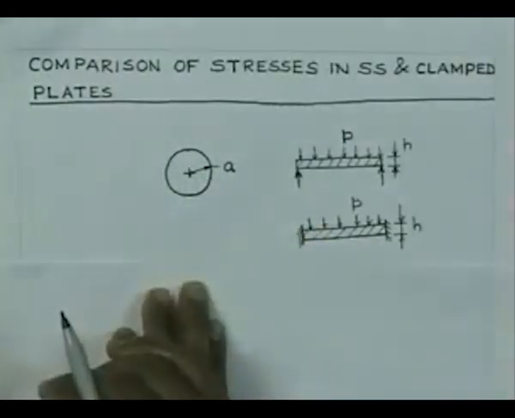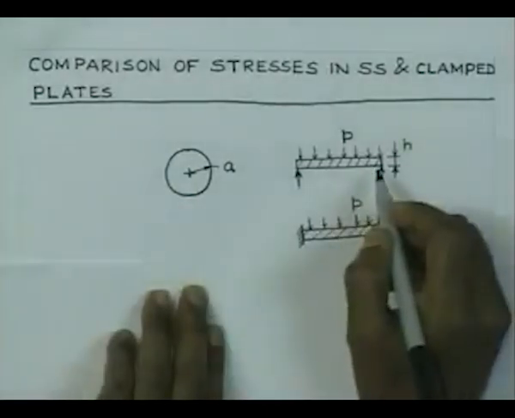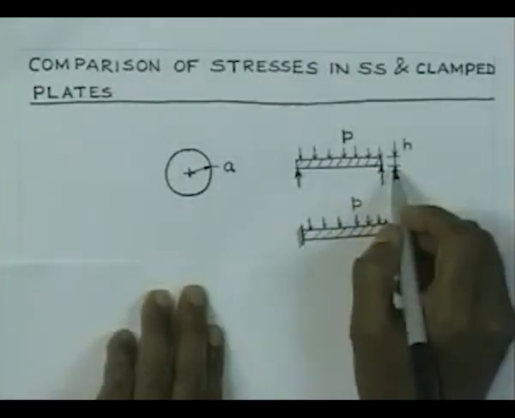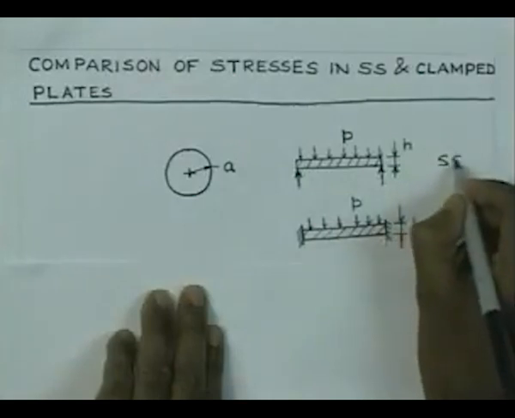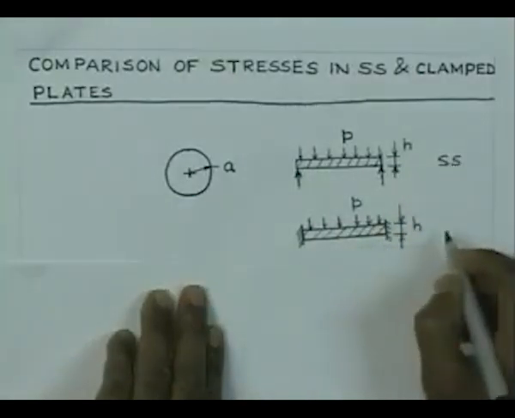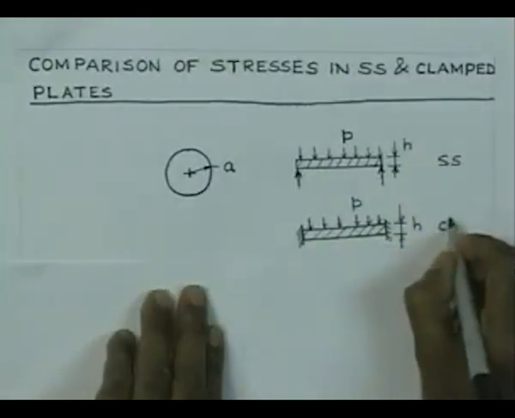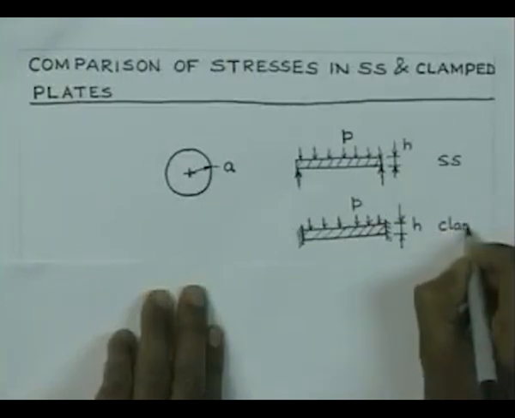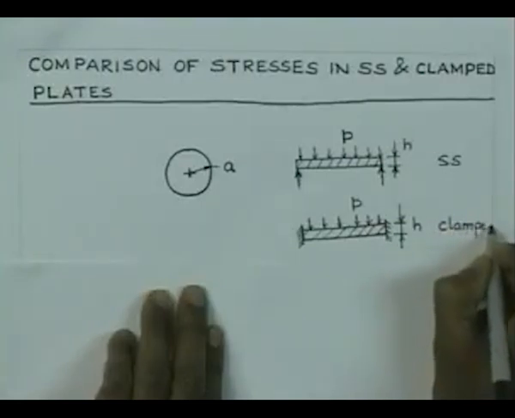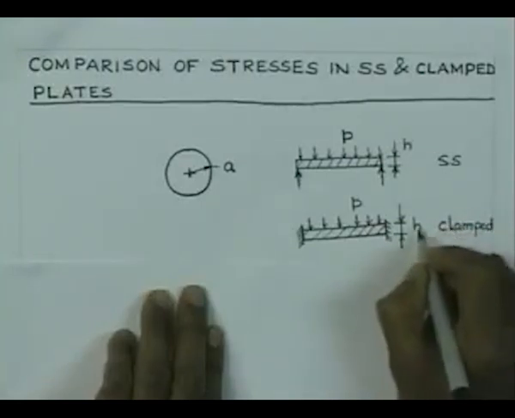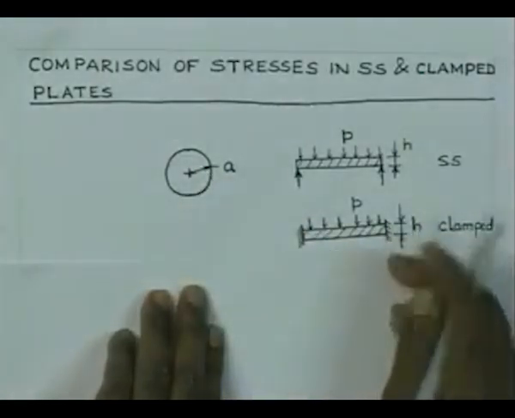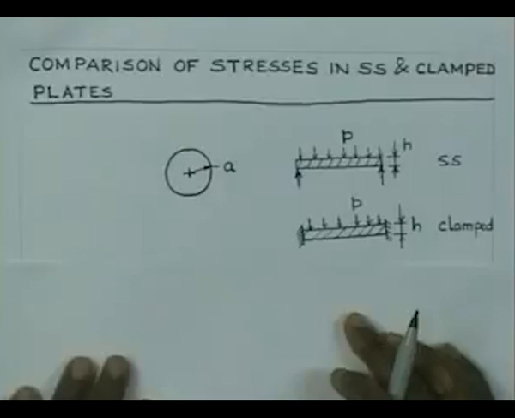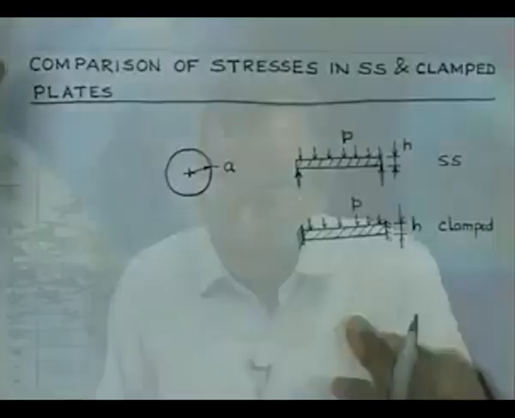They are circular in shape, and we have the end conditions like this in the case of simply supported, and the end conditions shown here for the case of clamped plate. The radius is a, the thickness of the plate is h, and the pressure is p.